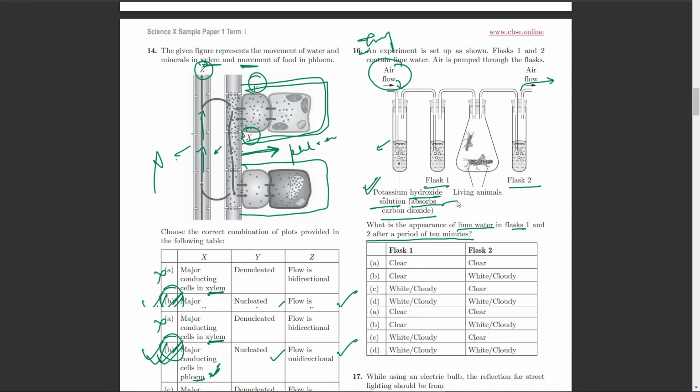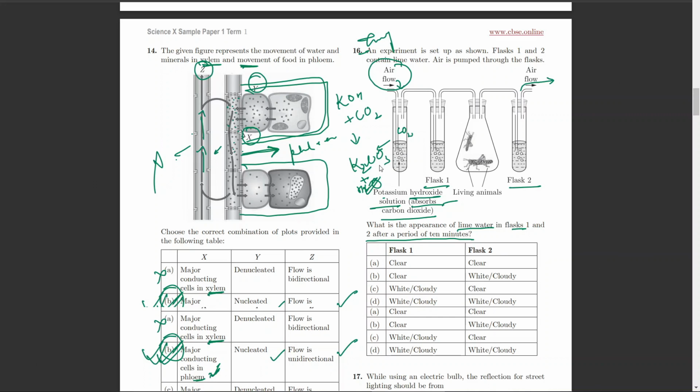And as it is given that potassium hydroxide absorbs carbon dioxide gas, then what will happen? Here in this, CO2 will enter and the reaction will take place, which is KOH plus CO2 will give you K2CO3 plus H2O, right?